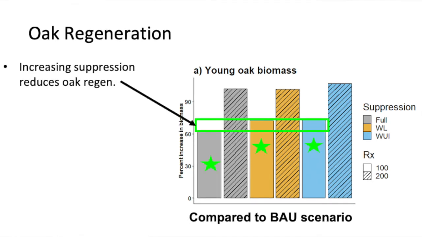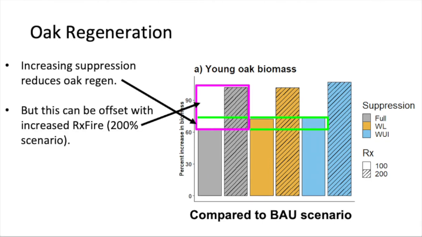Okay, the next thing we see here is increasing suppression, so what's interesting is we're getting kind of a reduction here. If you compare it to these two, you get a little bit of a reduction in oak regeneration, right, because there's less fire. But this is offset, or could be offset, with increasing your prescribed fire by 200%.